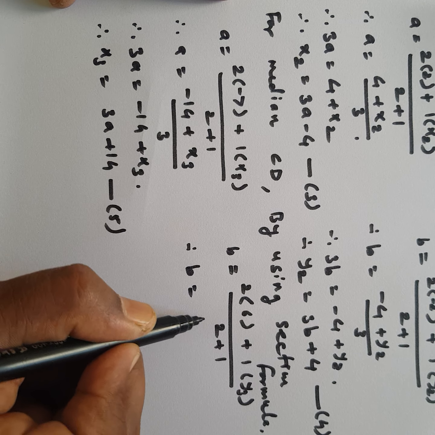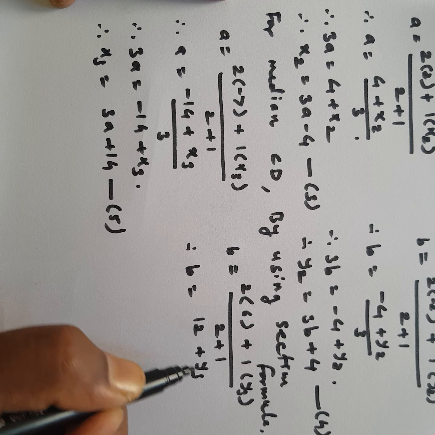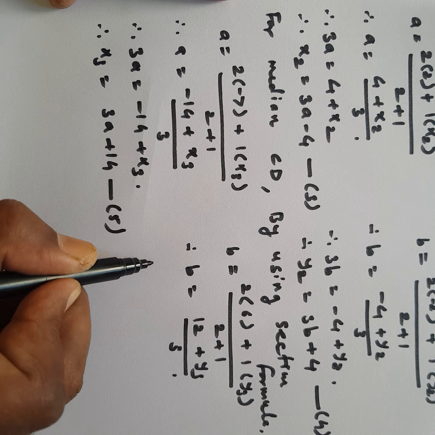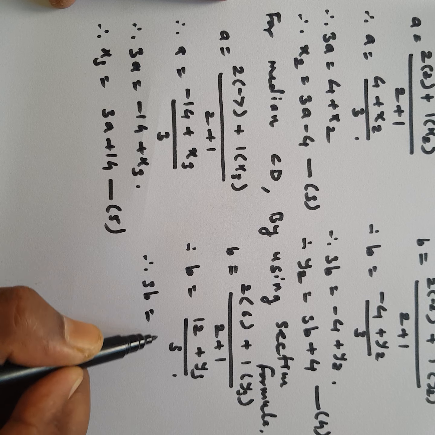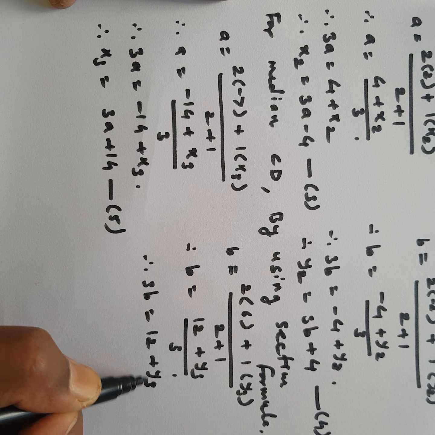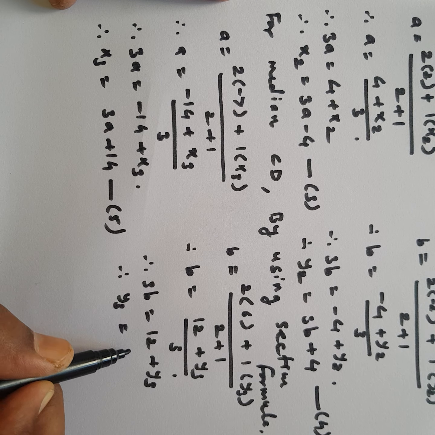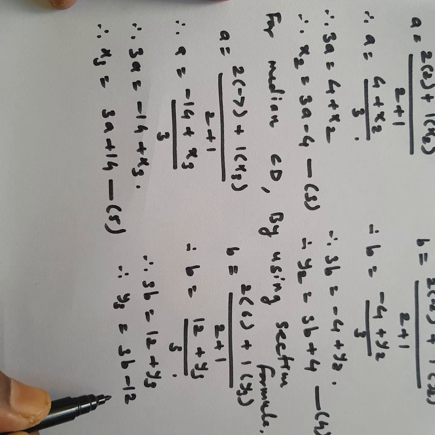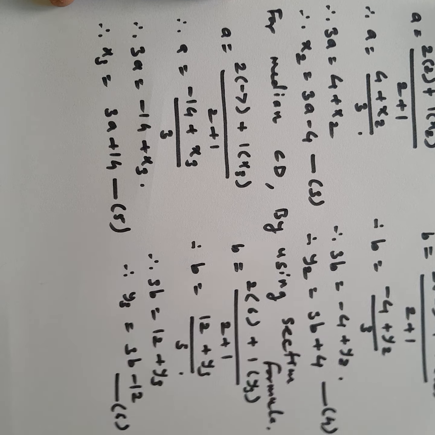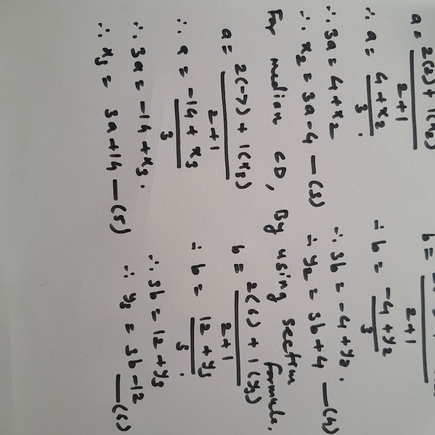Therefore b is equal to (12 + y3) upon 3. Therefore 3b is equal to 12 plus y3. Therefore y3 is equal to 3b minus 12.